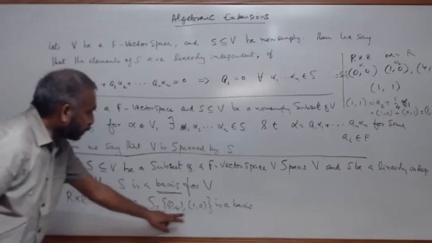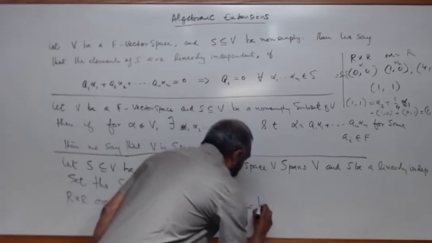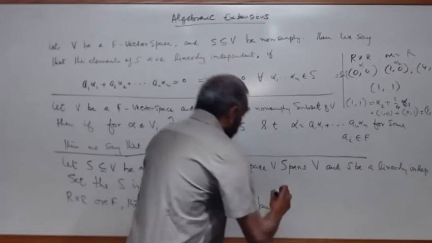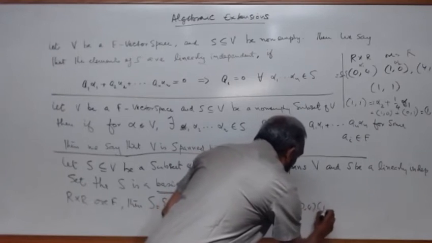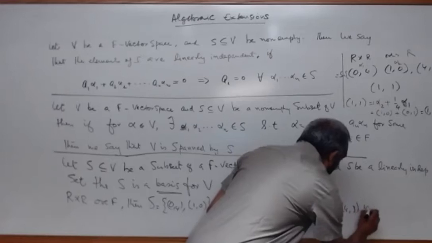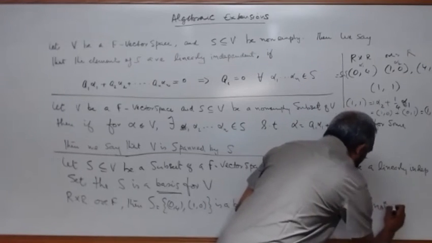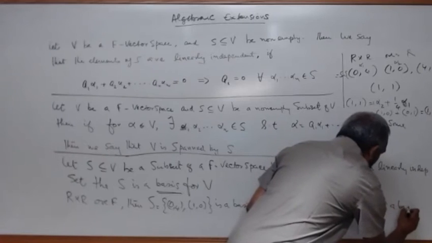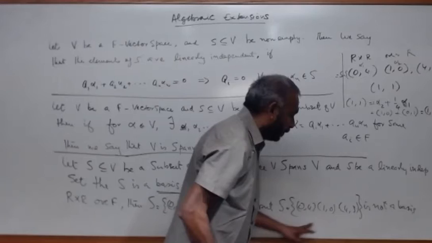This can span every element of R cross R. But S equal to {(0, 4), (1, 0), (4, 3)} is not a basis, because this is not linearly independent.